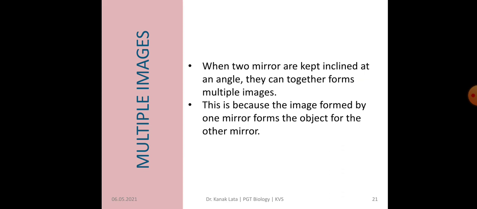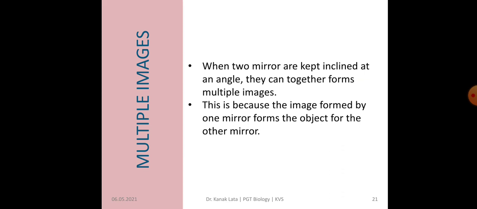Now, the next topic of today's session is multiple images. It is known to you that one plane mirror forms one image when any object is placed in front of it. Now think about what will happen when two plane mirrors are used in combination.